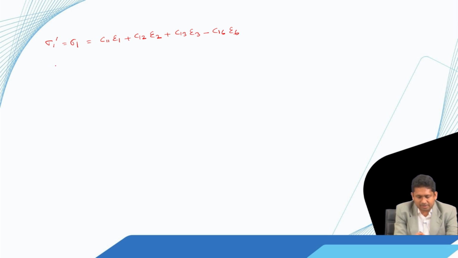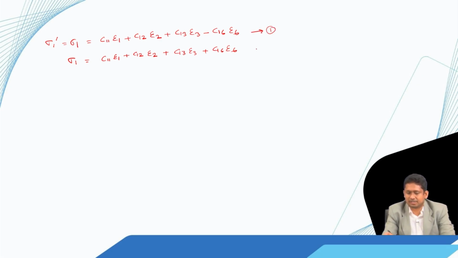So, now if I write sigma 1 prime, which is sigma 1, we get C11 multiplied by epsilon 1 plus C12 multiplied by epsilon 2 plus C13 multiplied by epsilon 3 minus C16 multiplied by epsilon 6, and with respect to the 1 2 3 system we have C11 multiplied by epsilon 1 plus C12 multiplied by epsilon 2 plus C13 multiplied by epsilon 3 plus C16 multiplied by epsilon 6, and let us call these equation number 1 and equation number 2.